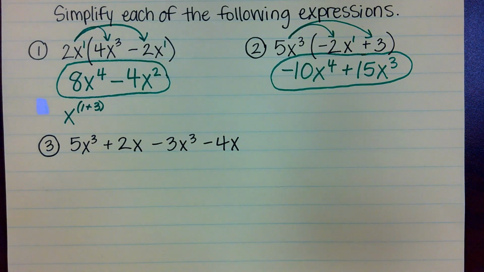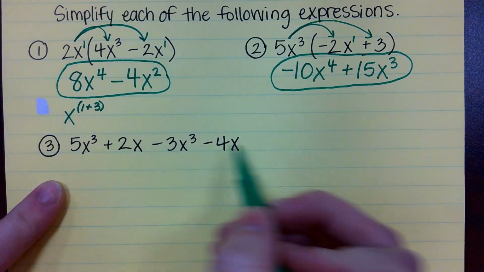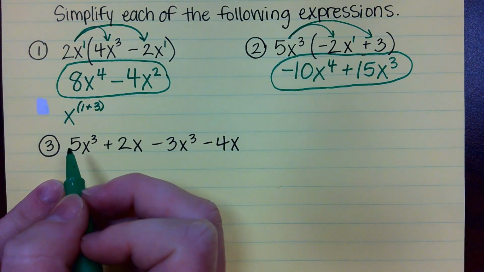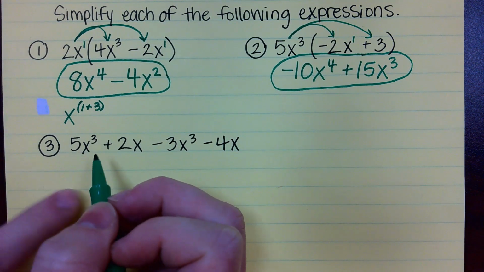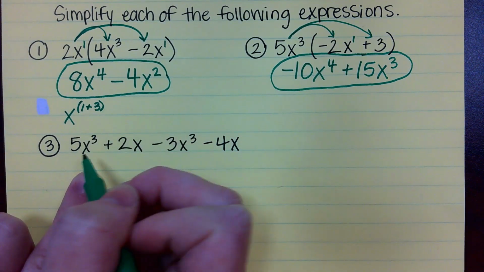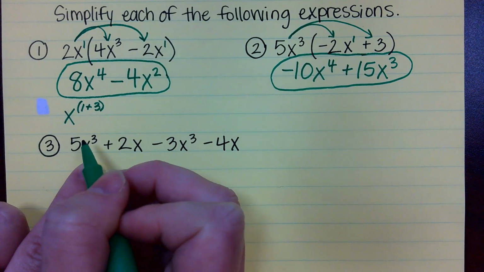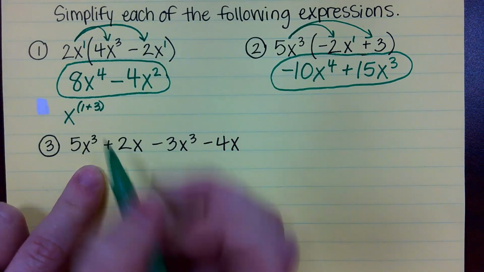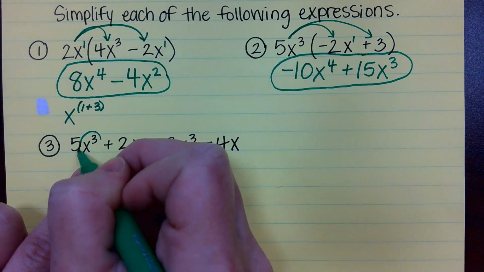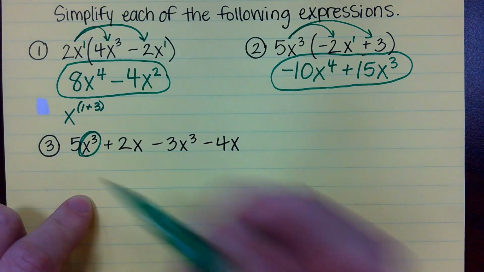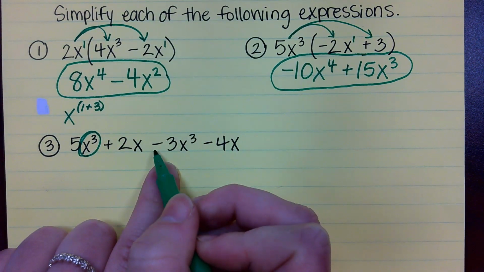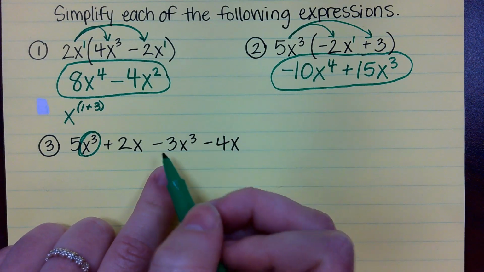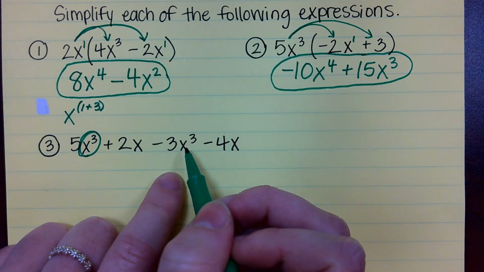So to start a problem like this, I always go left to right. I'm going to look and see what my first term has attached to it. My 5 has an x to the 3rd power. So where else do I see x to the 3rd power? Yeah, I've got minus 3x to the 3rd power.